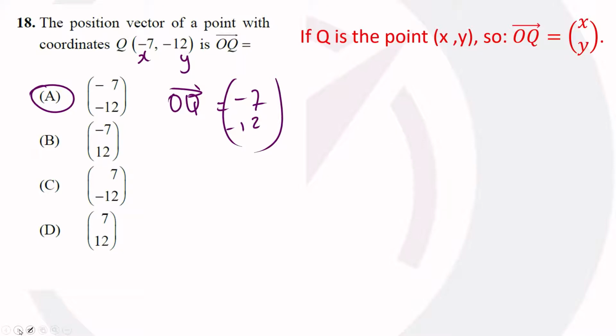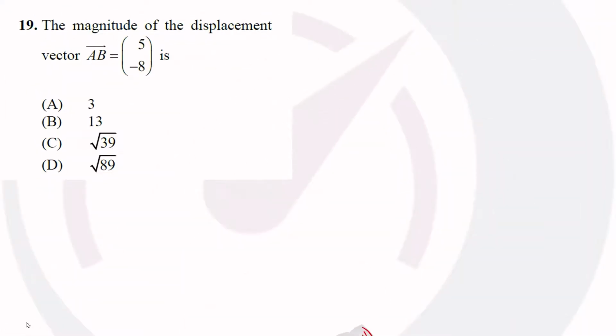Question 19. Alright. We're looking at the magnitude of a displacement vector. Before we spoke about the magnitude of a position vector, and now we're going to talk about the magnitude of a displacement vector. They are roughly the same thing in this case, because we don't have many variables to work with.